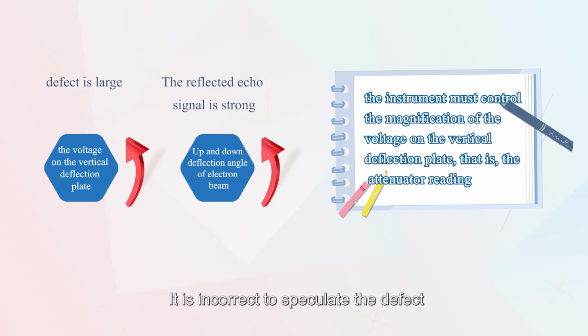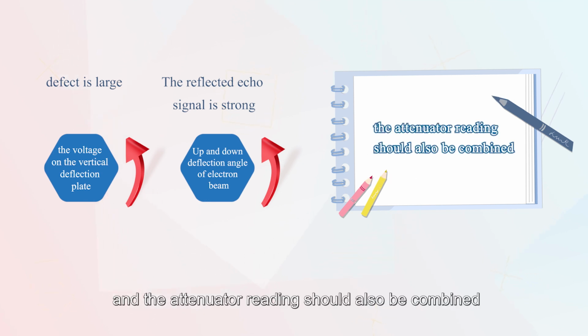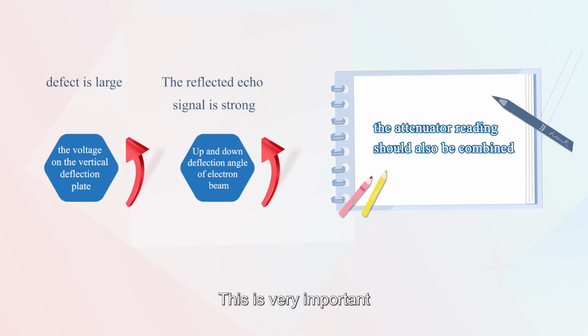Thus, it is incorrect to speculate the defect size only by the echo amplitude on the display screen, and the attenuator readings should also be combined. This is very important. I hope you can understand it.